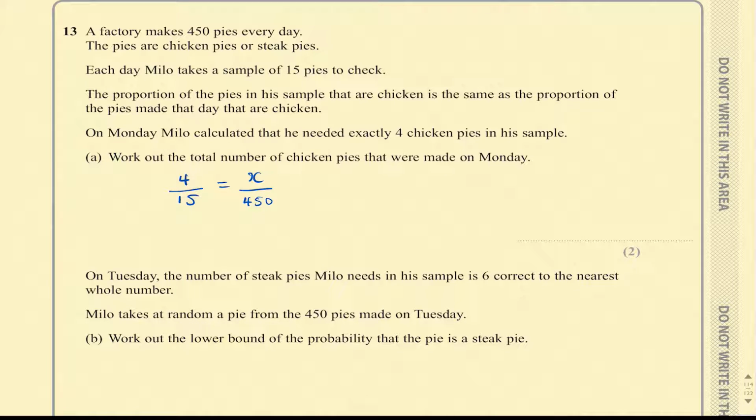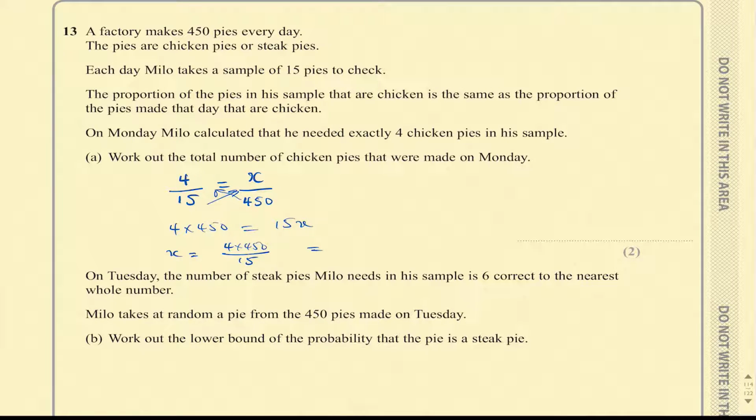Multiply both sides by 450 and also by 15 will give us 4 times 450, or you can cross multiply, and that will be equal to 15x, and so therefore x will be equal to 4 times 450 over 15.